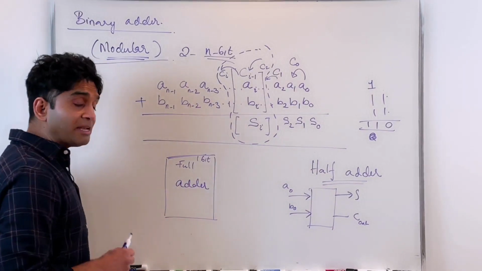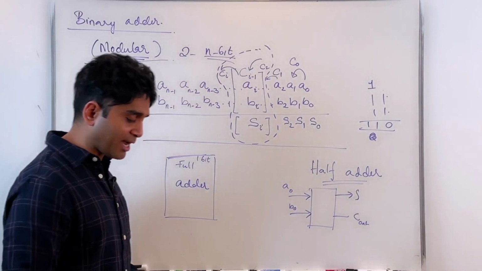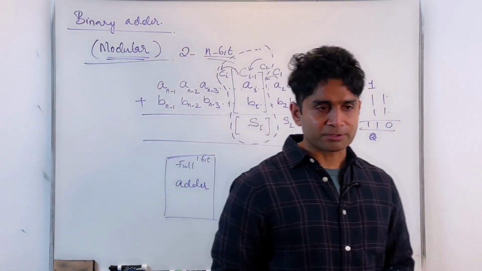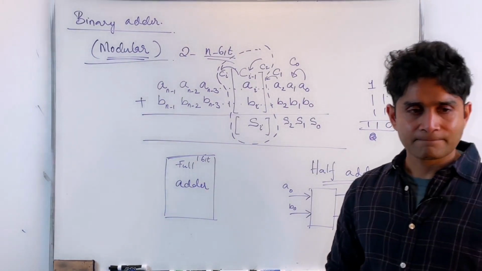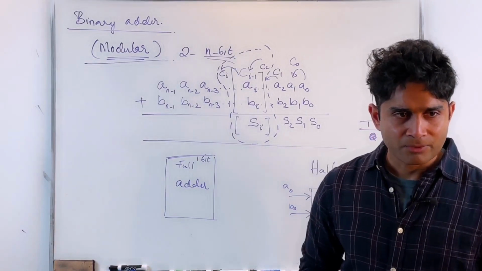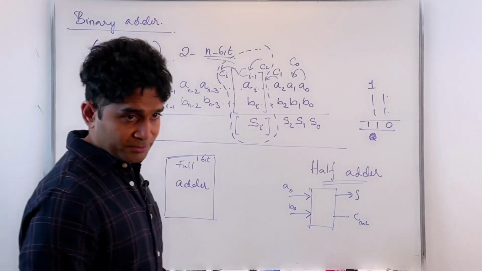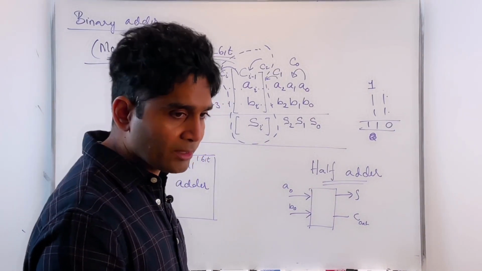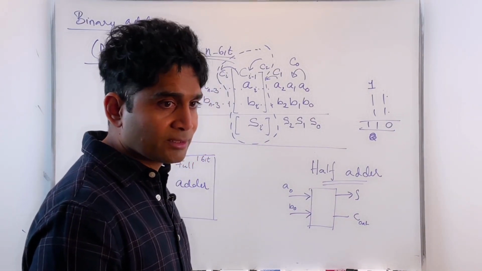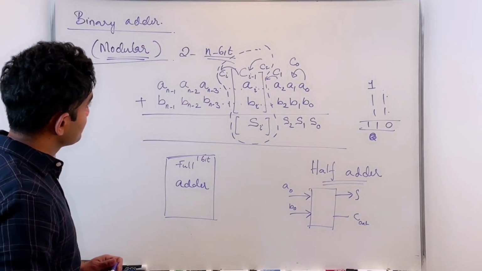What are the inputs to this? How many inputs do I have for this 1-bit full adder circuit? 3. I have 3 inputs.